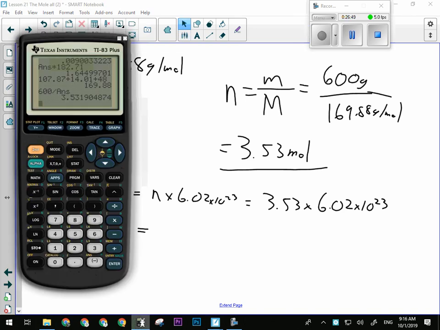And again, I'm keeping all my decimals here, times Avogadro's number. So brackets, 6.02, second function, hit the comma, and 23. All right, so we're looking at 2.13 times 10 to the 24.